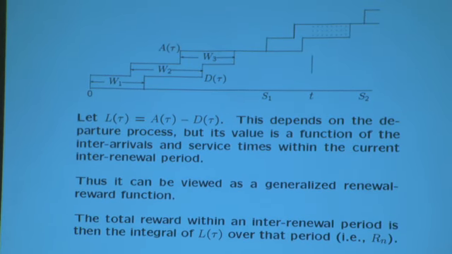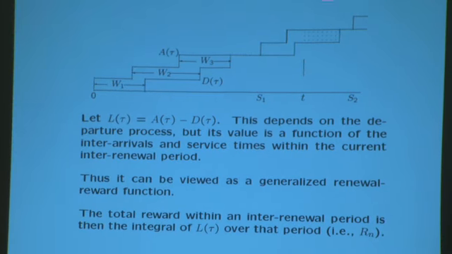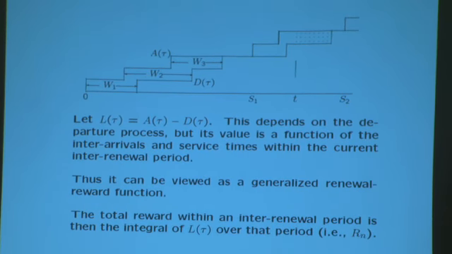Okay, so here's the picture, the same kind of picture as before of an arrival process. And every time we're talking about these queuing situations, we will distinguish the arrival process, which is a renewal process. But when we talk about the renewal process, we'll talk about this renewal process which starts on arrivals to an empty system.